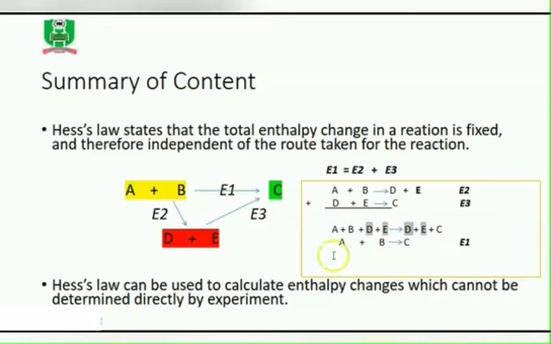In other words, if this reaction here, A plus B to give C, cannot be determined through experiment, but instead we know the enthalpy value of A plus B to give D and E through experiment, and also D plus E to give C through experiment, we can therefore determine the enthalpy value of this reaction by indeed adding the enthalpy value of this reaction with the enthalpy value of that reaction right here. And this would be equivalent to A plus B to give C.